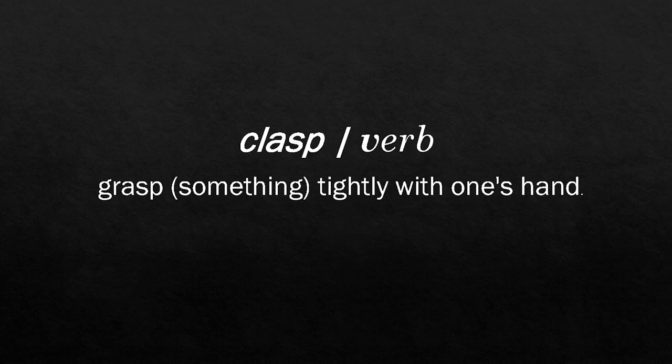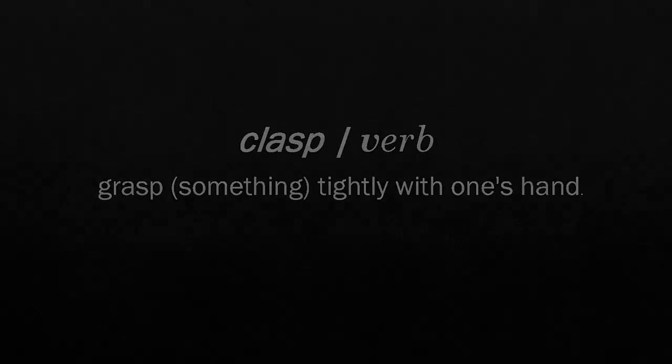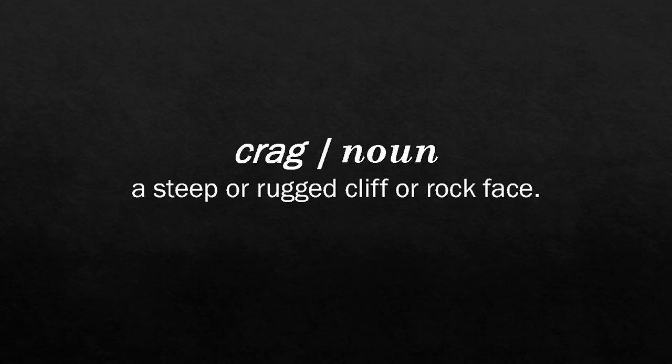Now obviously, our readers might be quite unfamiliar with the words clasp and crag. The word clasp is a verb, which means grasping or holding onto something tightly with one's hand. Now, what you can take out of the first line here is, the eagle holds on tightly to a rocky mountain.